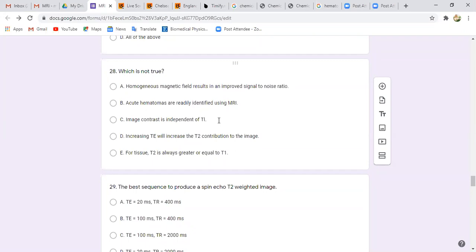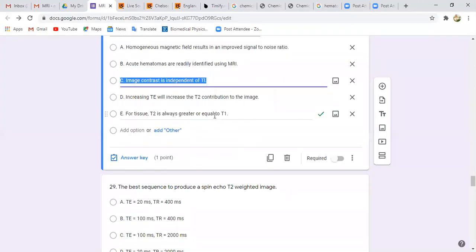Why is C not true? Why is image contrast independent of T1? Why is image contrast not dependent on T1? We assume we have gone for C. Why would we go for C?